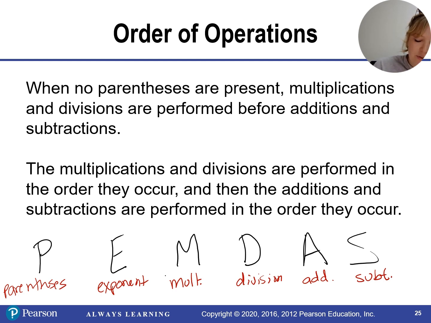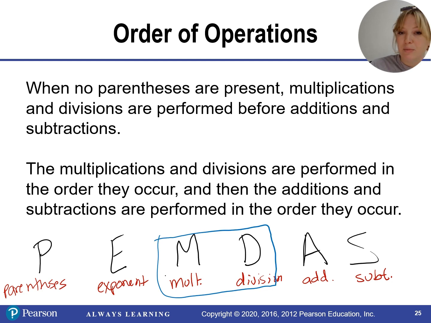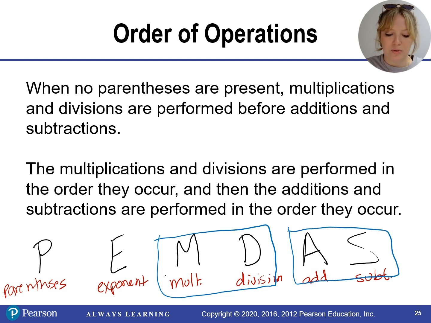And the most important thing to remember here is that multiplication and division happen from left to right, so in the order they occur, and then addition and subtraction happen in the order they occur.